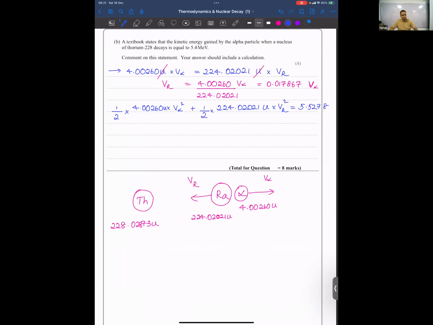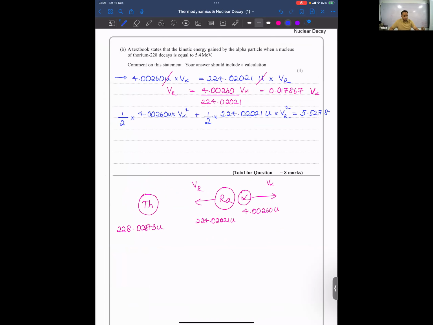Since we have vr in terms of v alpha, I can substitute that and find v alpha. We will get an equation in terms of v alpha square, and we can find v alpha square, and then find the kinetic energy of the alpha particle, which is going to be this one.